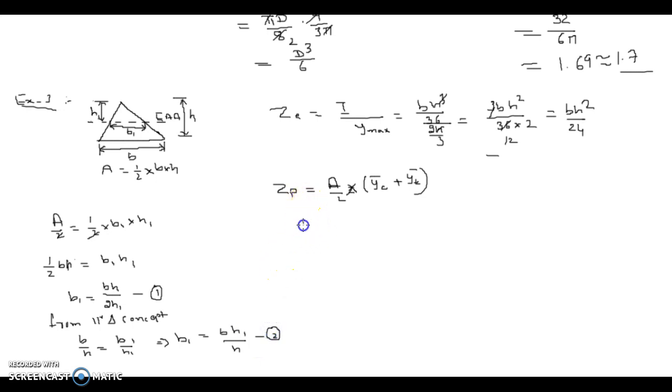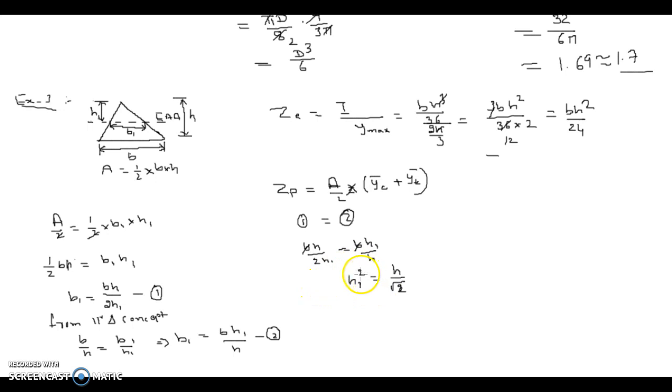Now equating 1 and 2, what I'm going to get: BH by 2H1 is equal to BH1 by H. So B gets cancelled, right? So H square, H1 square is going to be H by root 2. So this is what it is.